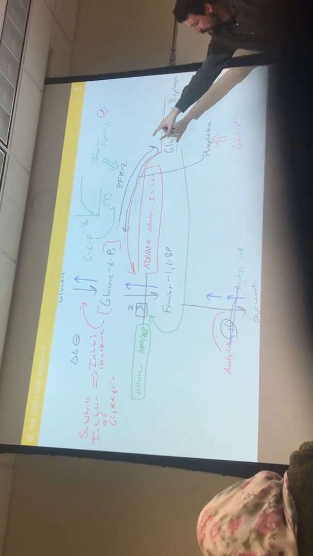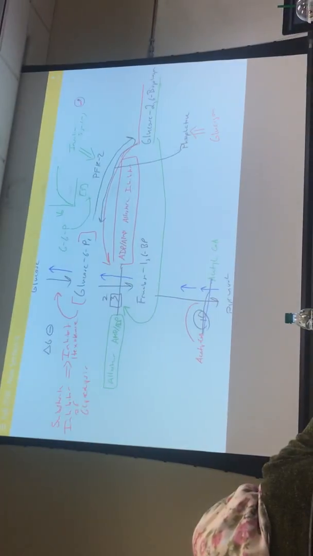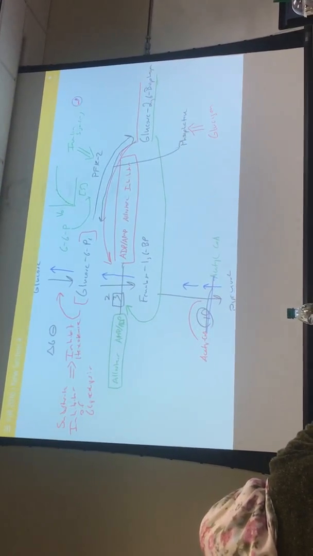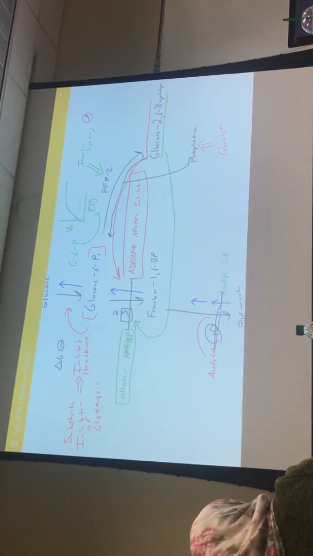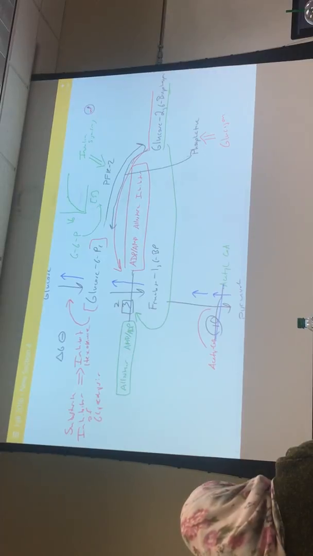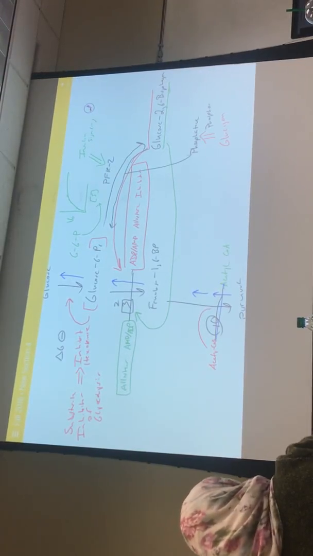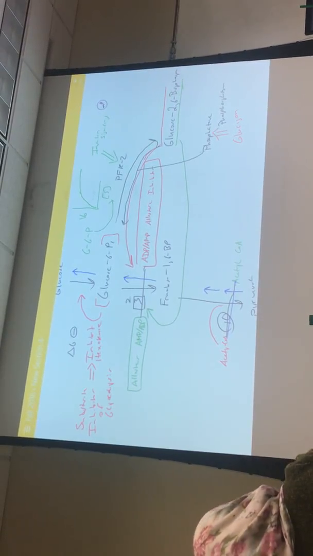And whether one's activated or not depends on whether it's phosphorylated or not. The phosphatase gets activated by phosphorylation. So glucagon causes phosphorylation, which activates the phosphatase domain.